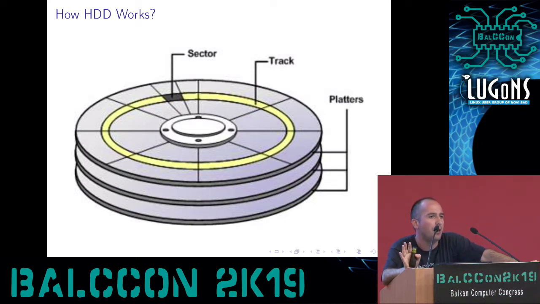Sectors are usually half a kilobyte large, and because of some performance optimizations, usually data is not stored on a single sector, which is physically the smallest addressable unit, but on something that is called a block that can take more than one sector.